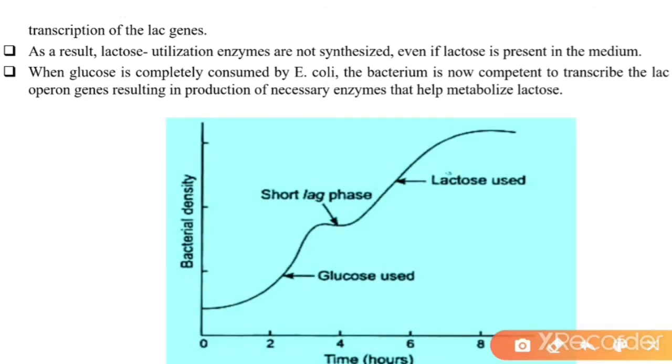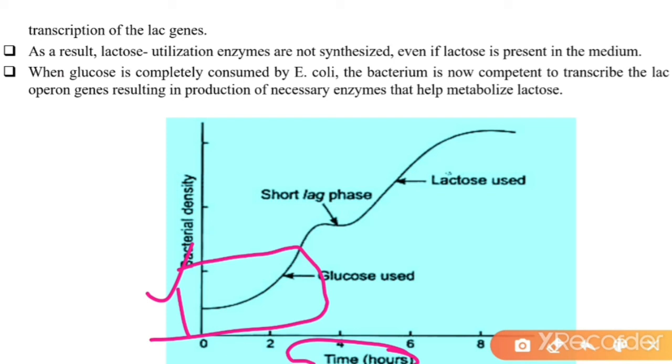Now here we can see the graph. In this graph we have plotted time against bacterial density. Here we can easily see the bacterial growth where the bacteria used glucose, and by using the glucose, the bacteria show the phase called the log phase.